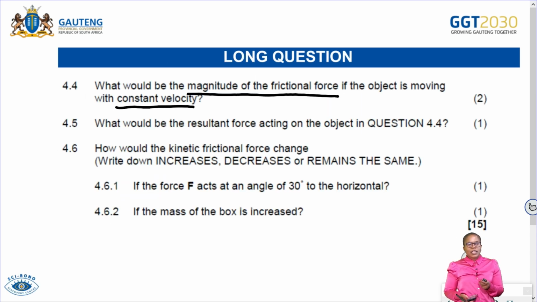Let's have a look at the next question. What will be the resultant force acting on an object in 4.4 above? So what would the resultant be if the object was moving at a constant velocity? Okay.